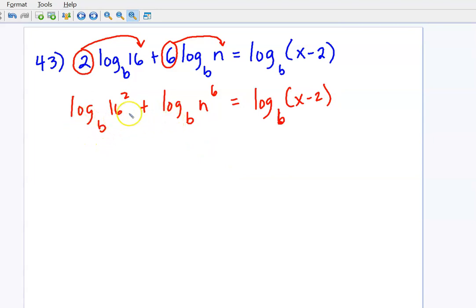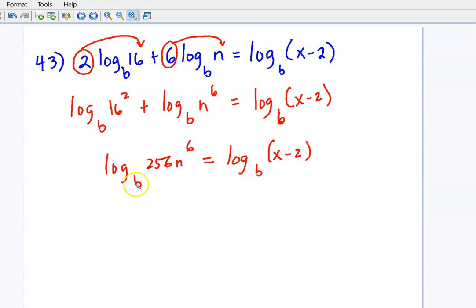Multiple logs need to be joined together, and since these are being added, I can use the product property. Log base b of, let's just go ahead and do 16 squared, and that's 256 n to the 6th equals log base b of x minus 2.